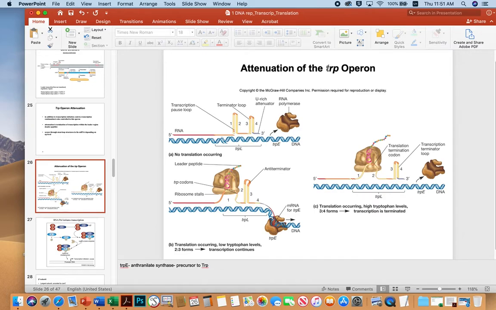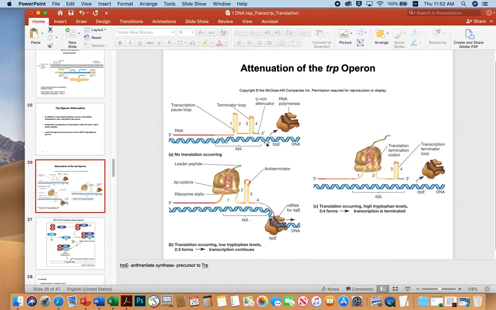If the organism is flush with tryptophan, if tryptophan is present in the environment, say it's E. coli growing in TSA, for example, the organism is going to have plenty of tryptophan and would want to shut this operon down because it doesn't need to waste energy making biosynthesis enzymes. So in this particular panel, they're just showing you no translation occurring. Looking at the anatomy of this a little bit, here's the tryptophan leader region.